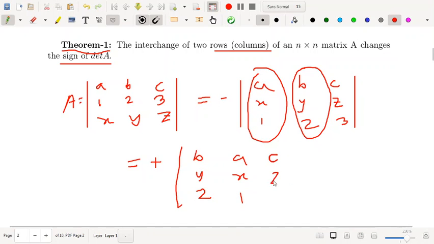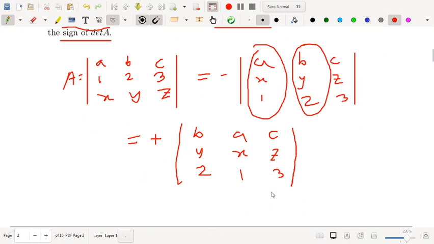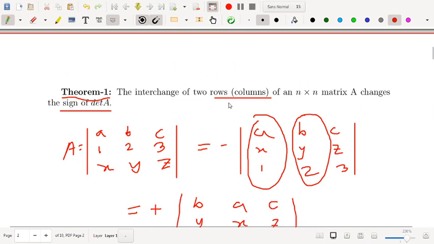I am not changing the third column, right. So, look at that. Any interchange of rows and columns will change the sign of the determinant. Okay, that you can verify by finding the value of this determinant and the value of that determinant. They will differ by a minus sign. Clear? So this is the first theorem, or you can say first property.